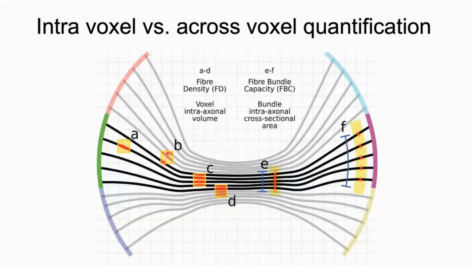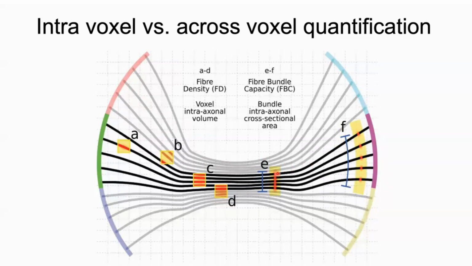A voxel can have a high density, but then the intersecting part will have a low fiber density, and you can have really high fiber density and then half. Each voxel can have a certain fiber density, but the fiber density attributed to the bundle can change voxel to voxel. What this tract across voxel quantification aims to give you are the E and F.